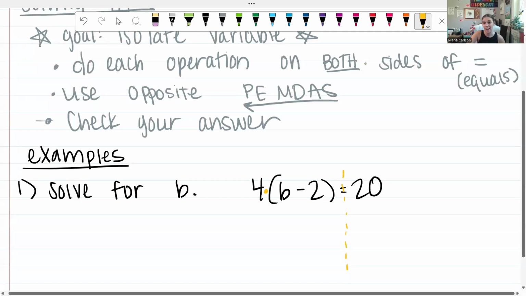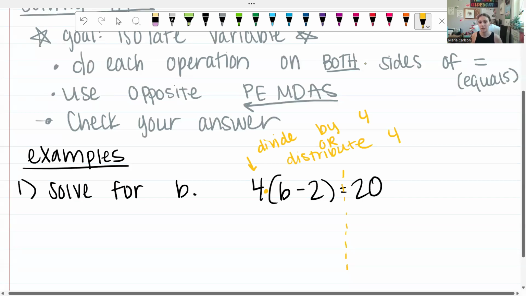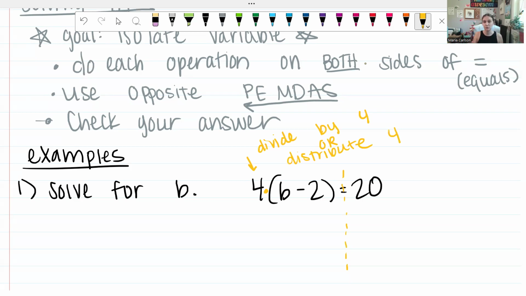So I actually have choices here. I could divide by 4. Since this is 4 times b minus 2, I also could distribute the 4. Both will work. However, I'm going to tell y'all, if you can divide, that is quicker. It is a step shorter.